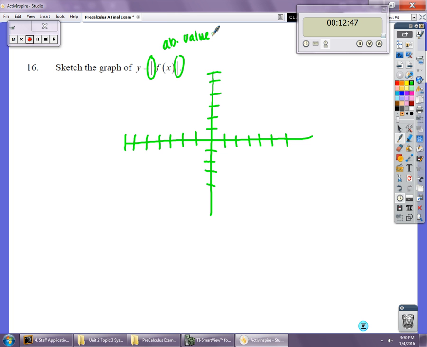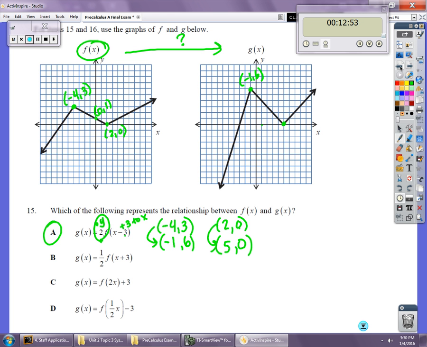Which means it has to be greater than 0. So anything that was negative, we're going to force it to become positive. So let me go back for a second. This was the f of x, this one right here. The whole entire graph is above 0, except for this little section right here. Let's find this point: 1, 2, 3, 4, 5, 6.